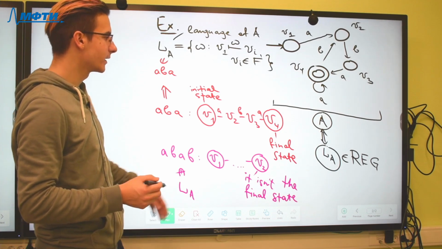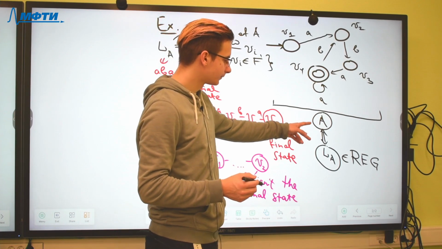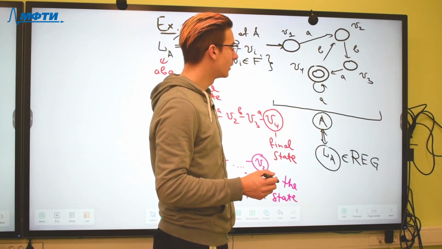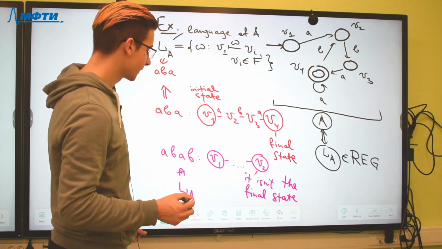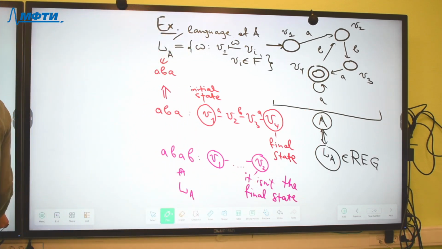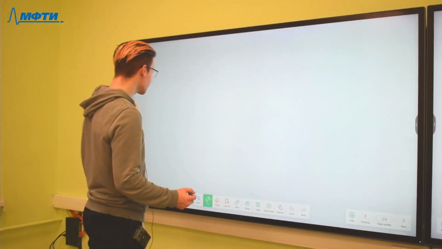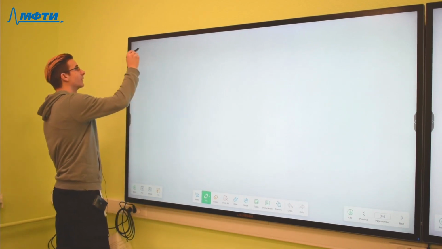And this connection will be between regular languages and deterministic finite automata. So, what are the regular languages?